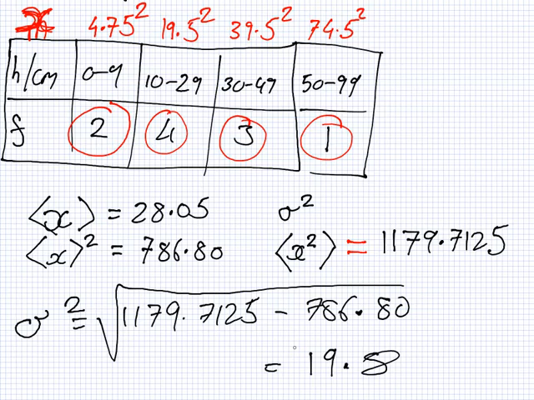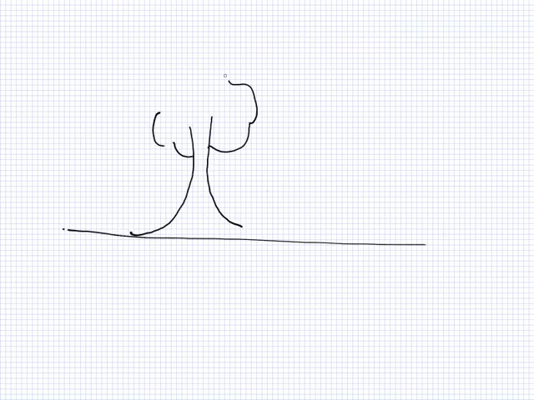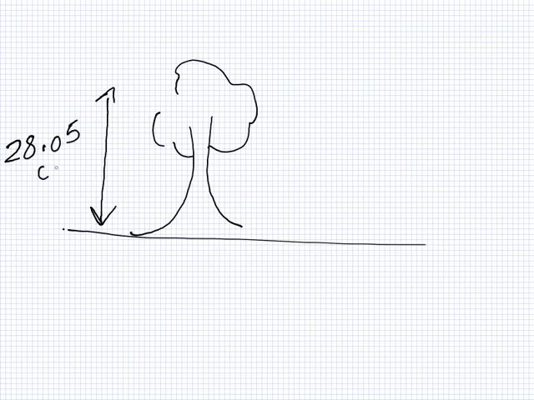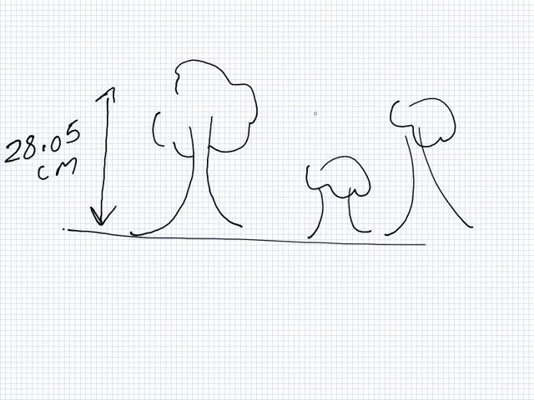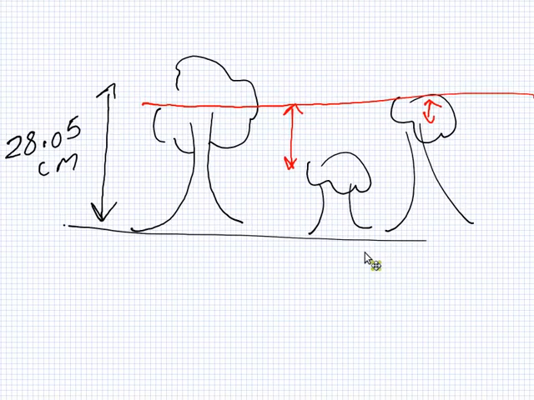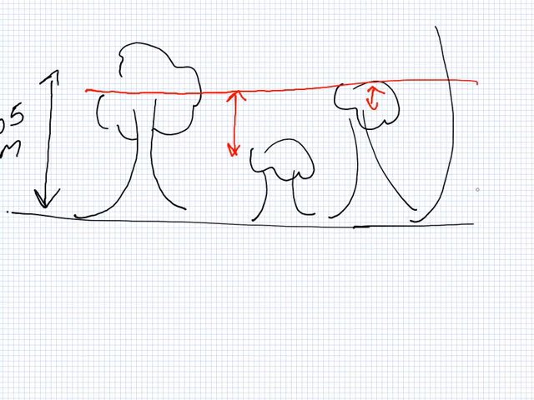So if you want to picture what that means, what was the mean average we got for our trees? 28.05 centimeters. So what that means is, if you were to look at the difference between each tree and the average, so here's the average across here, there's a big difference here, a small difference here, and this one's a tall one.